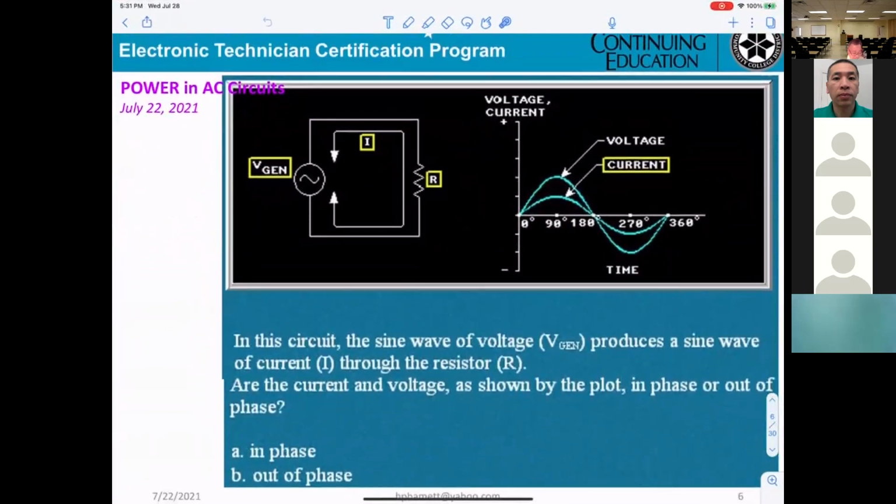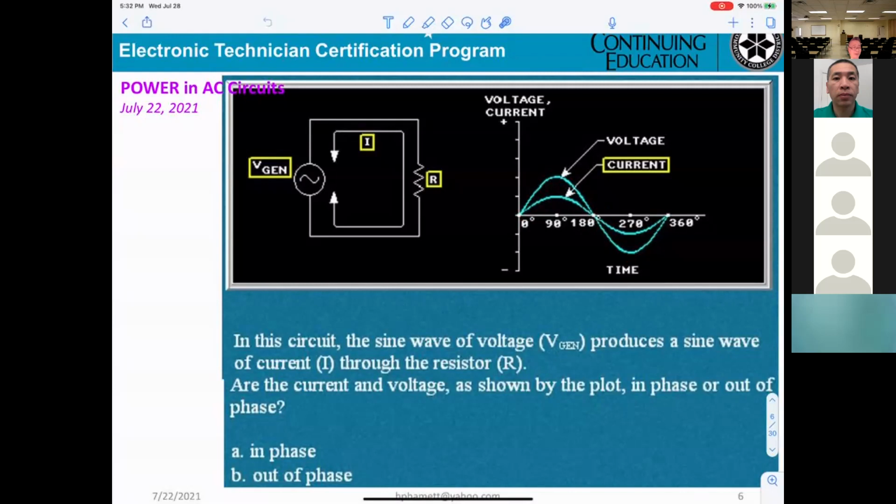Now, in this circuit, the sine wave of voltage produces a sine wave of current through the resistor R. The current and the voltage can be plotted in phase or out of phase. So now this will give you more of a picture of the phase difference. Okay, this is the voltage here, and this is the current. The values will be different.